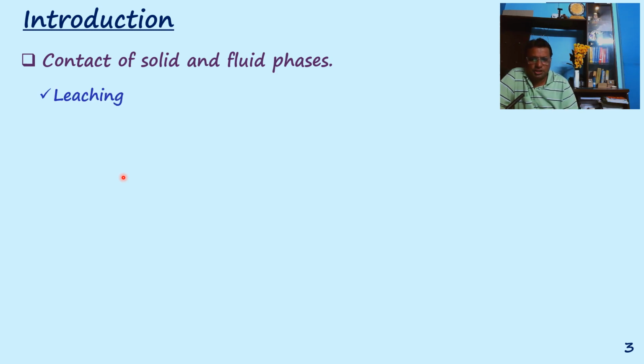For example, leaching. In leaching, one or more components from a solid mixture are recovered by preferentially dissolving them into a liquid which we call the solvent. That means in leaching you have a solid phase that is contacted with a liquid phase.